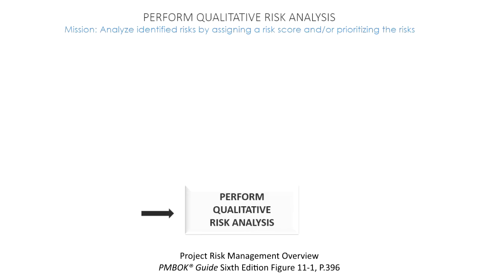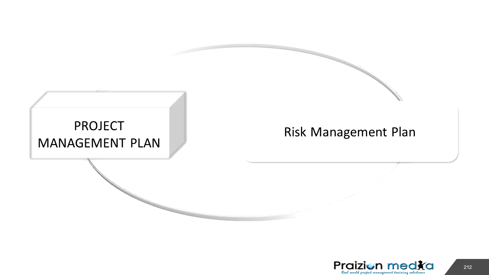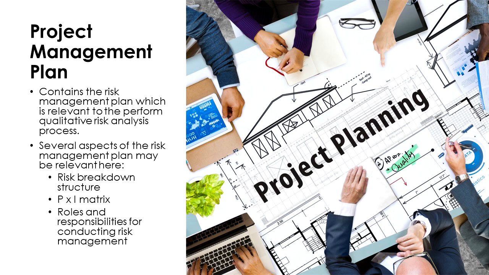So let's take a look at our inputs here. First input is the big plan that tells us what to do, the project management plan. But don't forget, it contains the risk management plan. And the risk management plan guides us on how to carry out qualitative risk analysis. It also gives us an idea about risk categories.